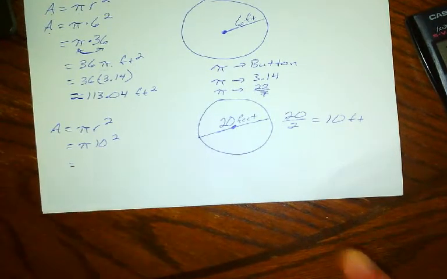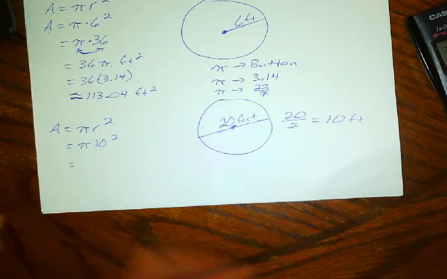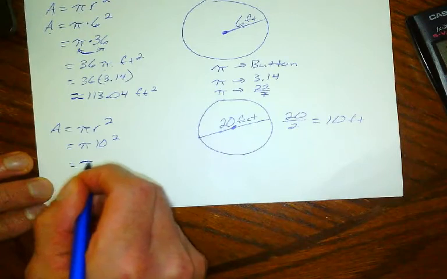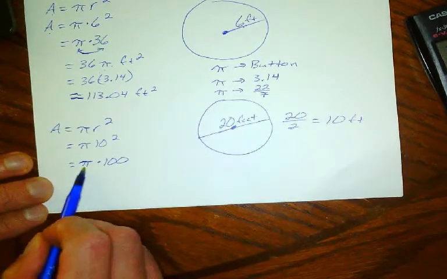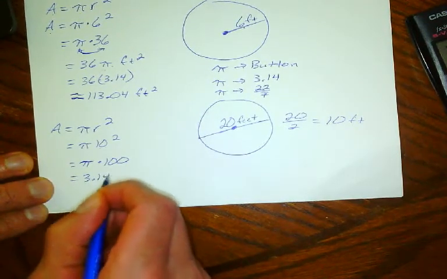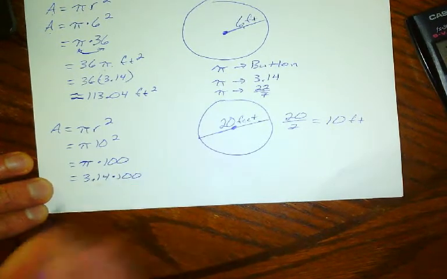Now if you had a calculator right now, you could stop right now, but let's imagine that we don't. So we have 10 squared, which is 100. So I have pi times 100. Now I am going to use 3.14 times 100. Now, you guys have all been in my math class.